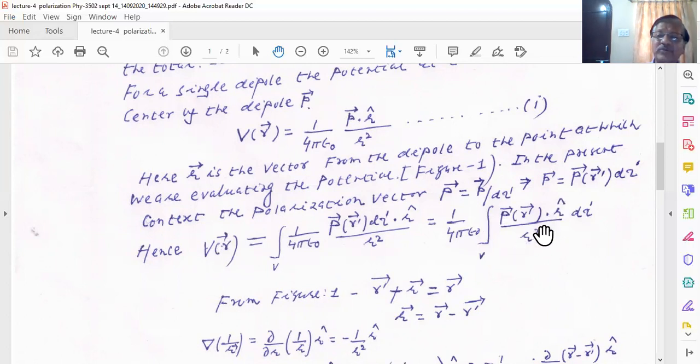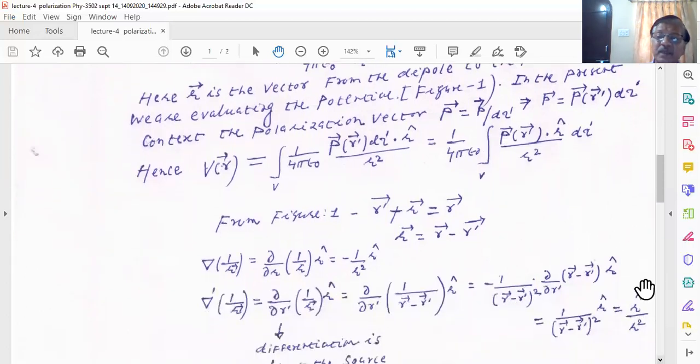I can simply write this unit vector r over r squared as the gradient, del prime, operating on 1 upon r. So you can rewrite this expression.